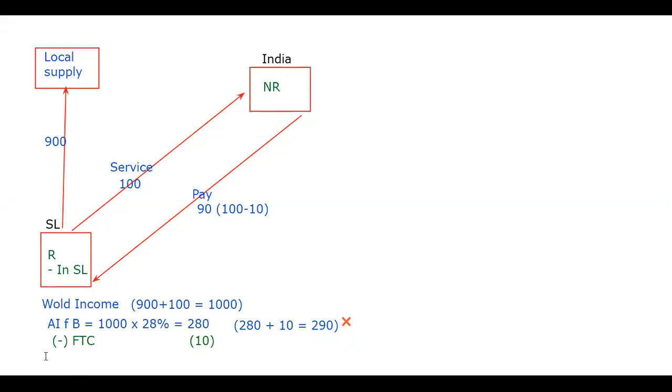The balance amount is 270. 270 is the balance they need to pay, the balance payable, basically the income tax payable.